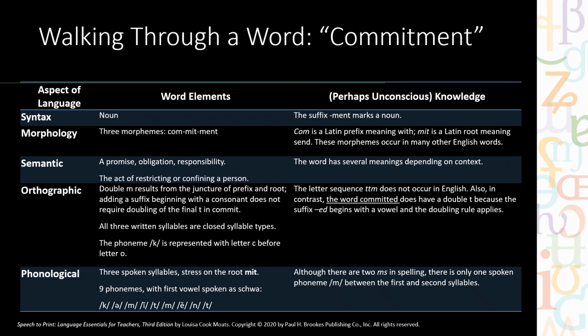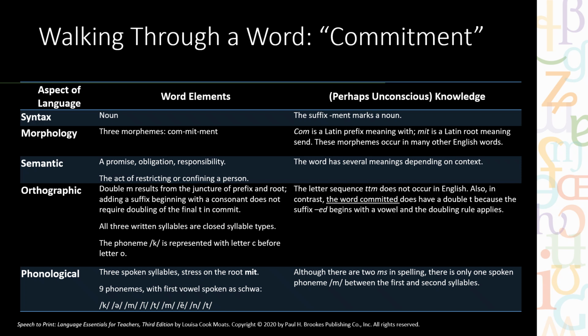The orthographic components of the word commitment, the spelling rules, we see sometimes in words there's a double consonant. There are actually usually spelling rules that govern when there's doubling of a consonant at a syllable juncture versus not. In this instance, the double M results from the juncture of the prefix and the root, but there's not doubling of the T before ment, right? So why is that?